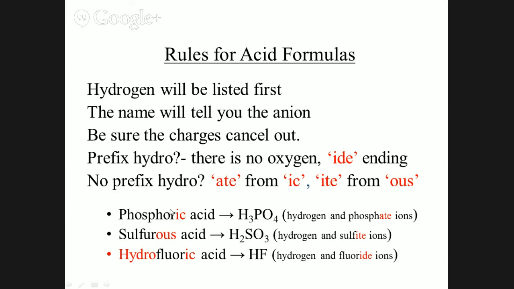So if you saw phosphoric acid, hey, ATE comes from IC, so I need the phosphate ion. Here, sulfurous, well, the OUS comes from ITE, so I need the sulfite ion.